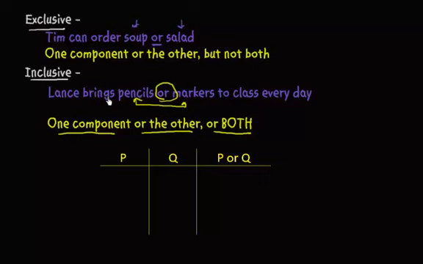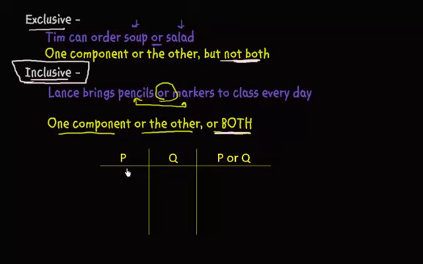When talking about logical statements, so not sentences or statements we say every day, but statements that we're going to be assigning truth values to, we always use the inclusive. It just makes things easier when we don't have to exclude that whole both scenario. So when dealing with logic, we are doing the inclusive. So you'll see that down in the truth table here.